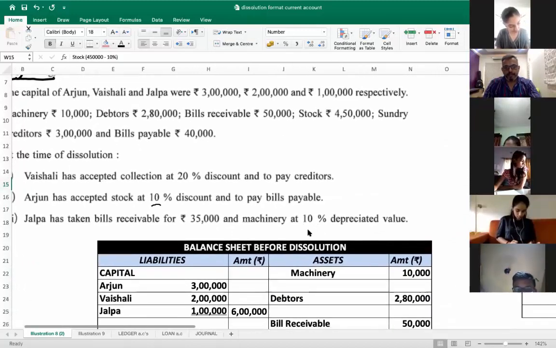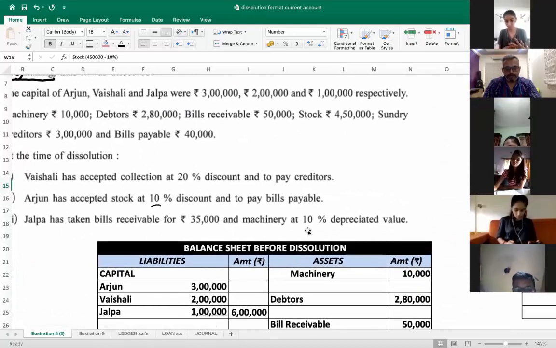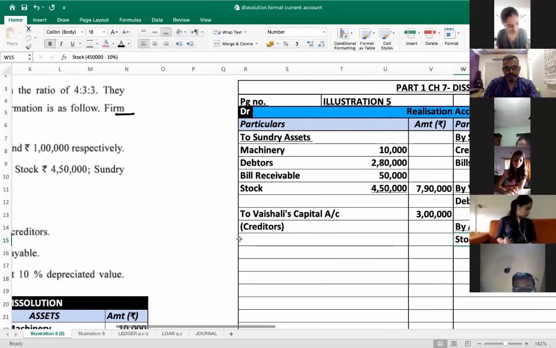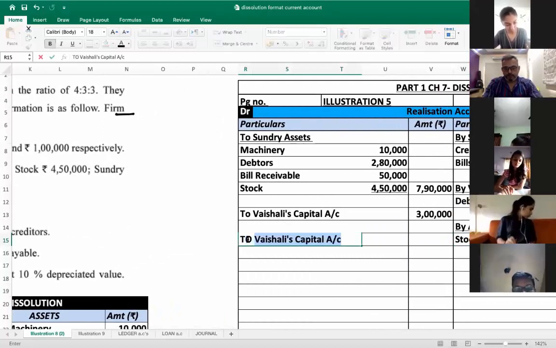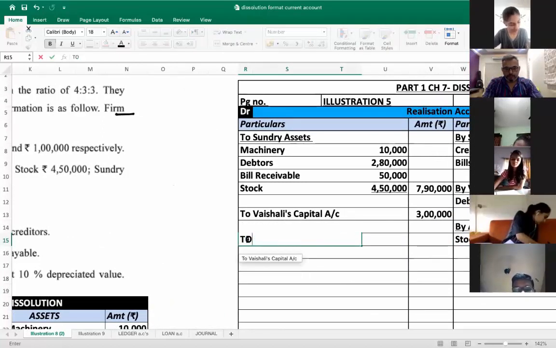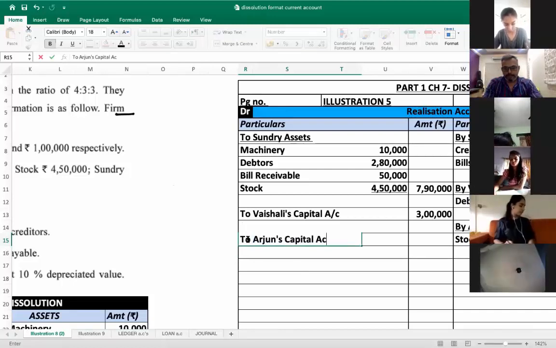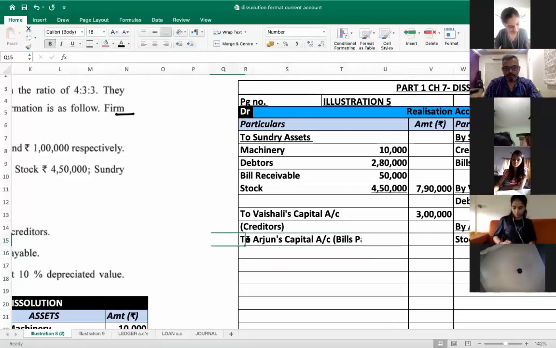और अर्जुन ने क्या किया, अर्जुन accepted to pay bills payable. So to Arjun's capital account, bills payable. Now, what is the amount of bills payable? We need to see.